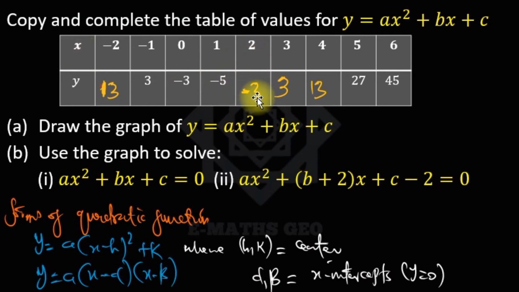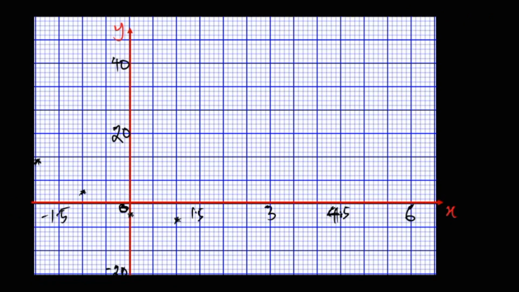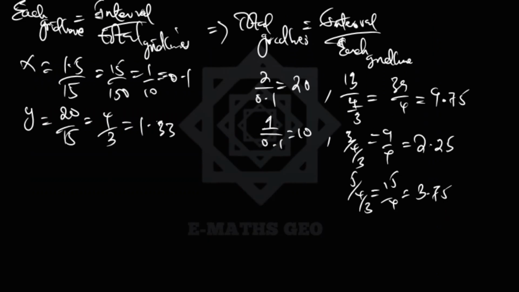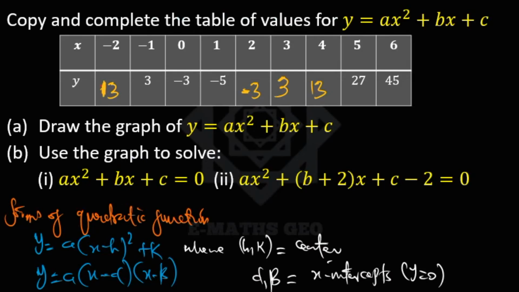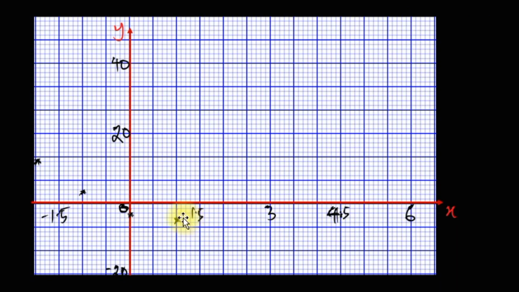Okay, so the next one is 2, minus 3. 2 is how many grid lines? 20, and we've also done 3, so that makes it easy. So for 2, move 20 grid lines: 5, 10, 15, 20.